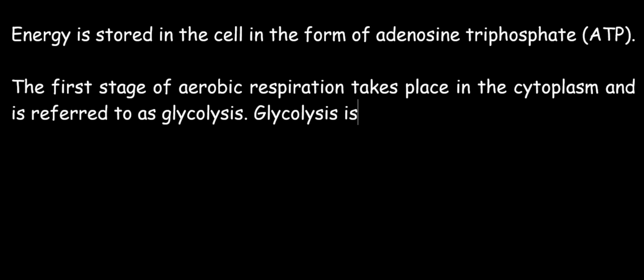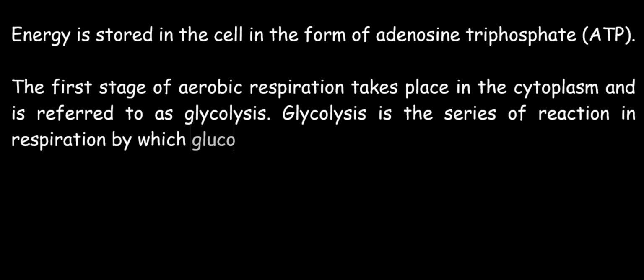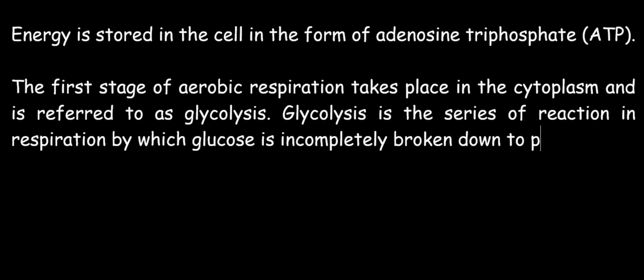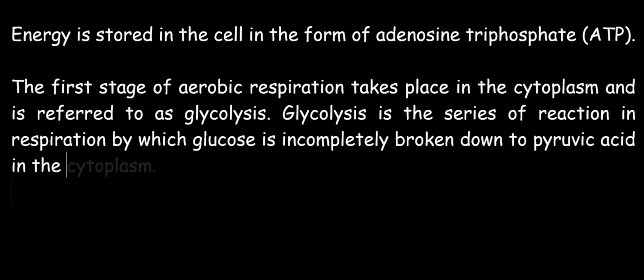Glycolysis is a series of reactions in respiration by which glucose is incompletely broken down to pyruvic acid in the cytoplasm. We can see it from the name glycolysis. Glyco comes from the word glycogen, and lysis comes from the word splitting. So glycolysis is the splitting of a sugar molecule.